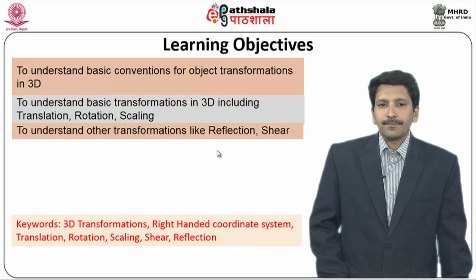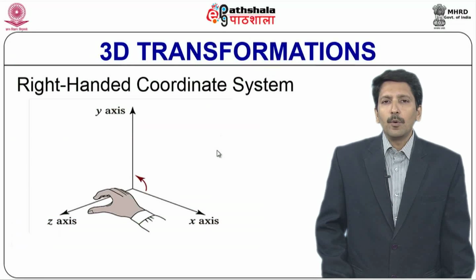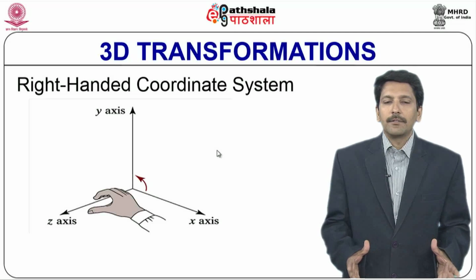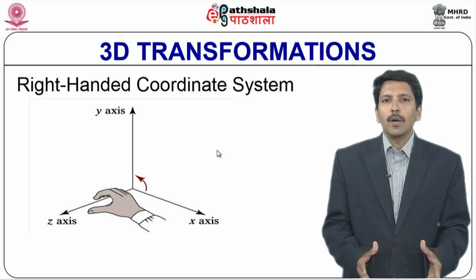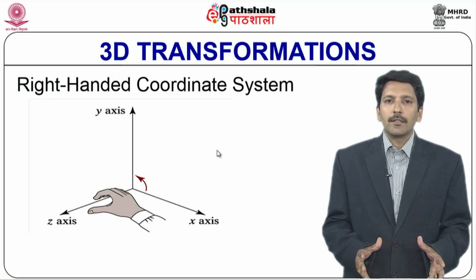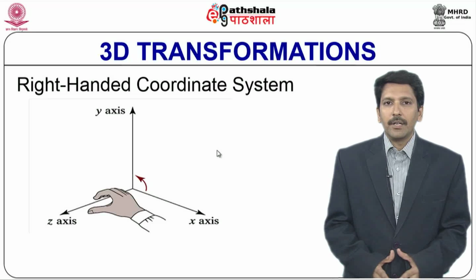So in this, the first and foremost thing that you should learn is the convention. What are the conventions in computer graphics as far as 3D graphics is concerned? Imagine we are in a 3D world. We need to understand some conventions which are fundamental to understanding how things happen in the 3D world.